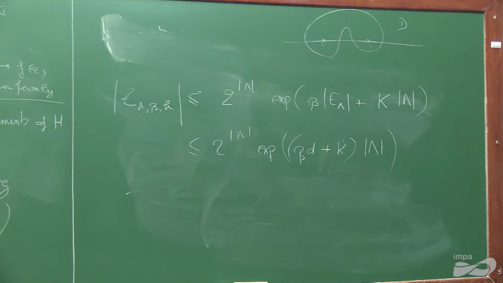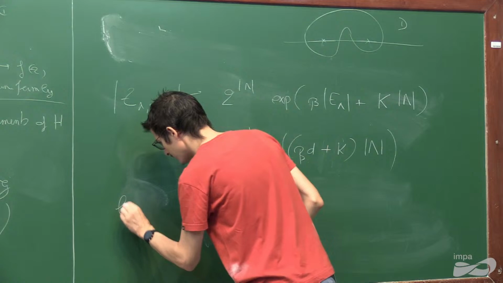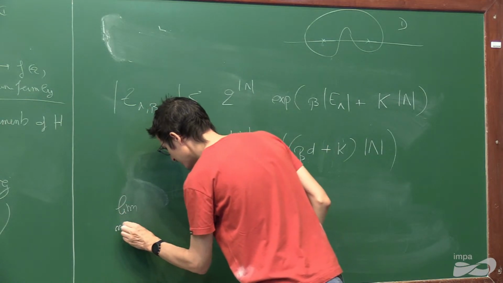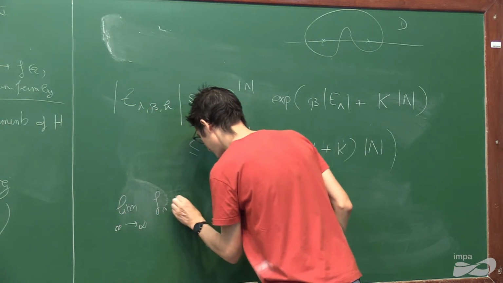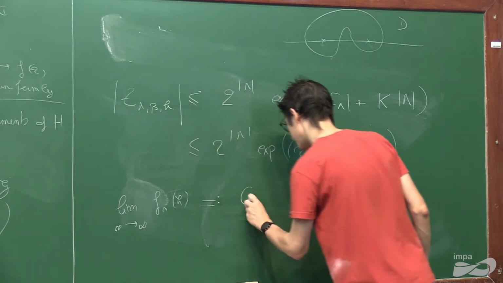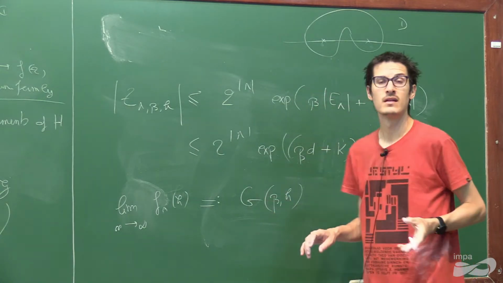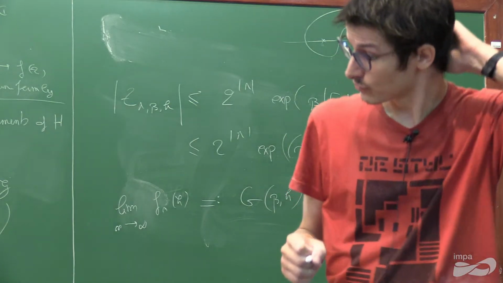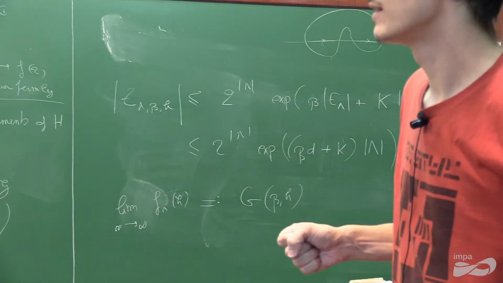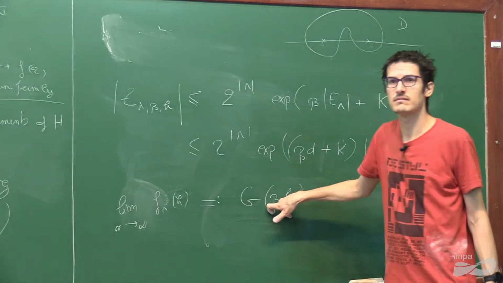Okay, so as a conclusion of this, what you get is that the limit when n goes to infinity of fn of h exists, and we call it G beta of H. The last step we need to do to conclude is to define the log of this.